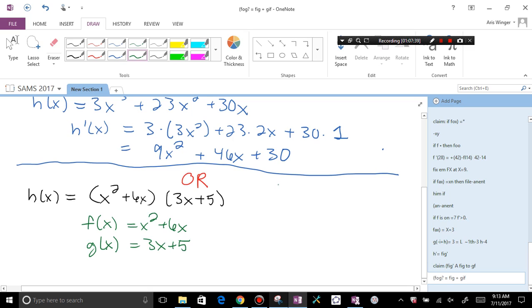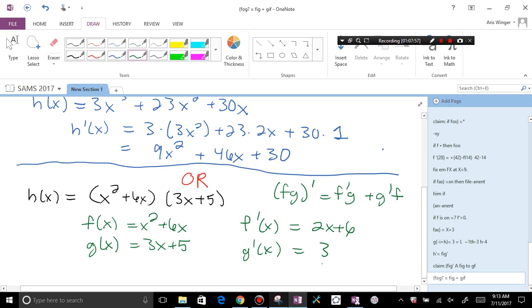The product rule says that the derivative of f times g is f prime g plus g prime f, and therefore I need the derivative of each one of these things. The derivative of f of x is 2x plus 6. The derivative of g of x is 3. And now we just use the formula.